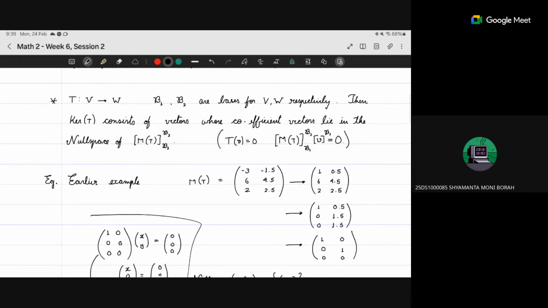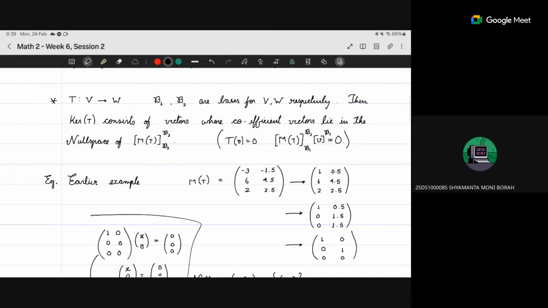And how do you get a basis for the column space? So the null space of the matrix is associated to the kernel. The column space of the matrix is associated to the image.